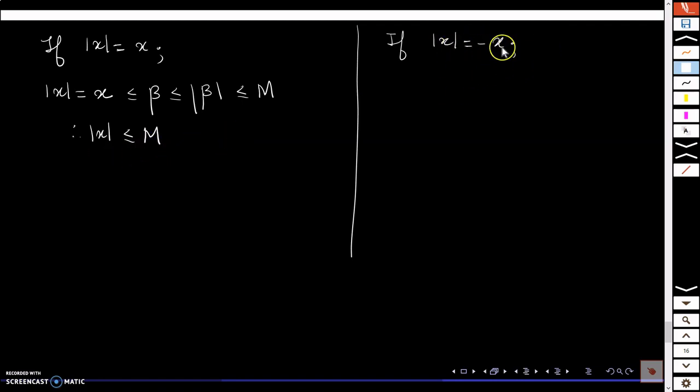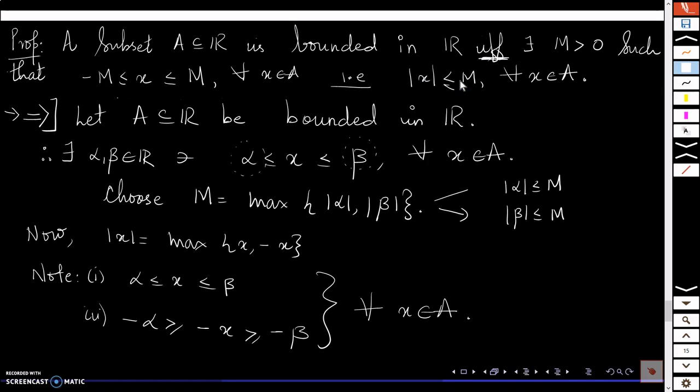Now if mod x is equal to minus x, then what do we have? Mod x is equal to minus x, but what I know about minus x, from here, is that minus x is less than or equal to minus alpha, the last expression here.